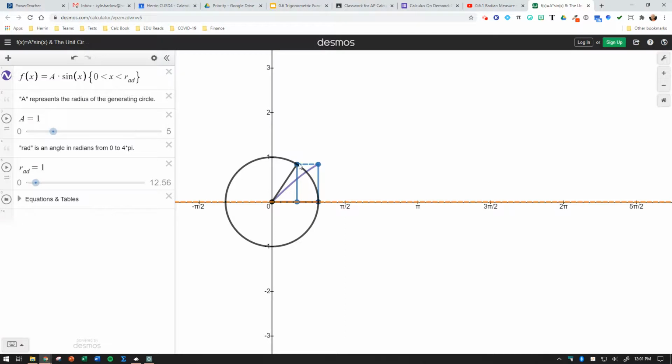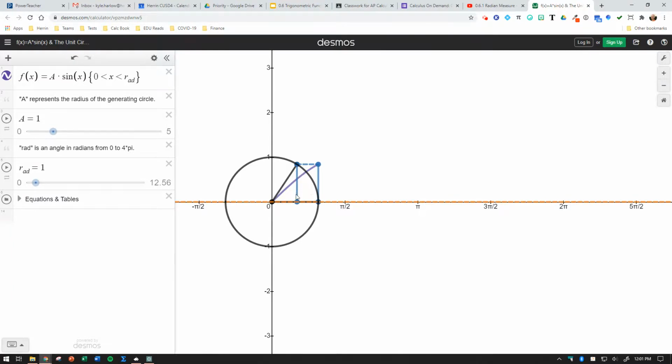So here is that point that I drew on the previous slide, and in blue here is the y value, which again we were talking about being the sine of this interior angle. And then generated as we dragged rad along was a purple curve, and it's starting to move out.